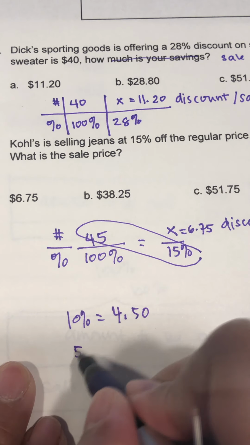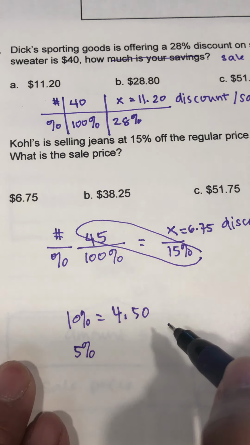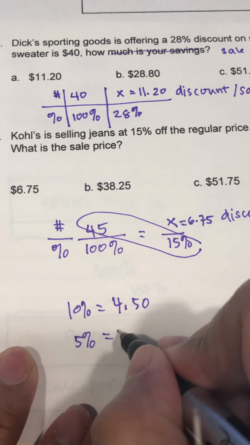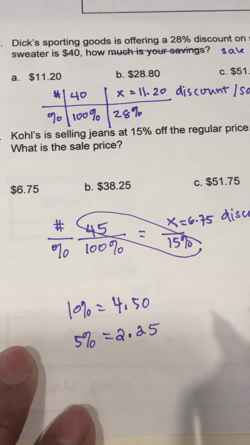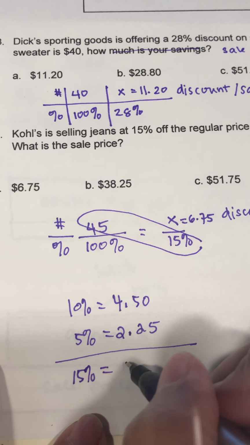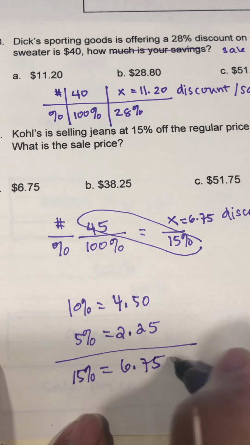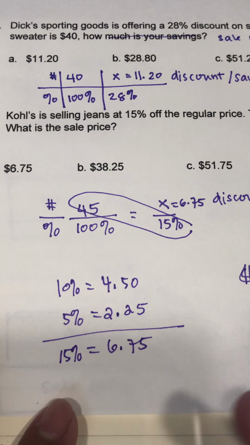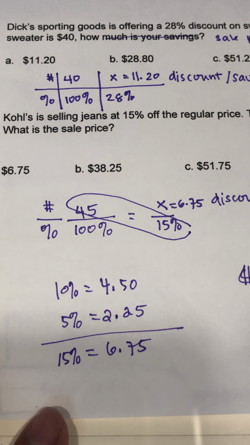And then we need a 5%, so half of $4.50 would give me $2.25. So now if I would need a 15%, that gives me $6.75. So whichever method is resonating with you.